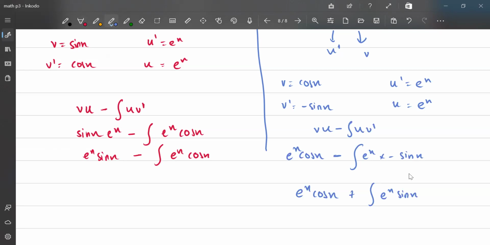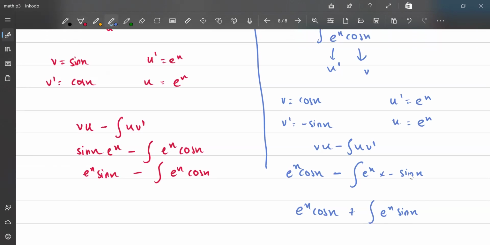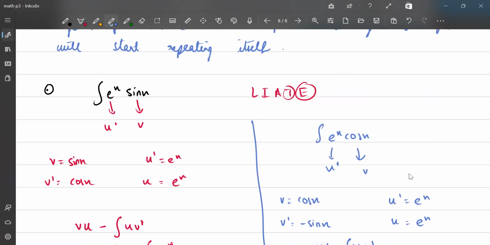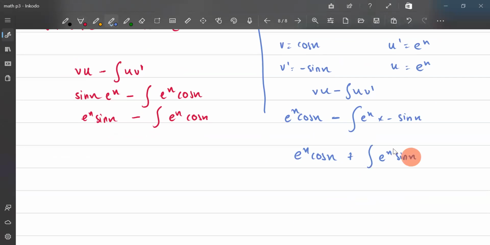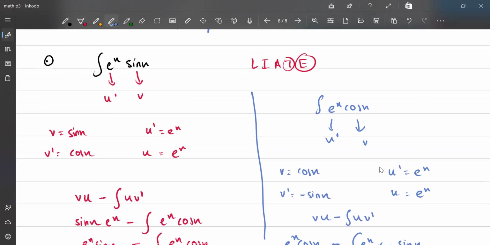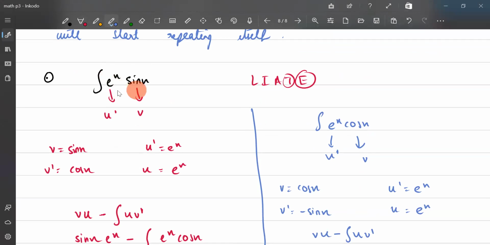Now notice that the question is repeating itself. So this is exactly what the question was, it was e^x sin x.